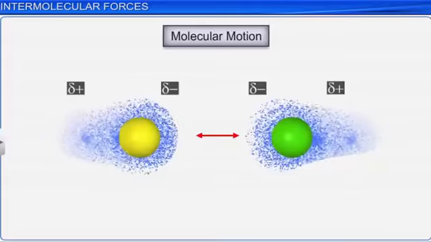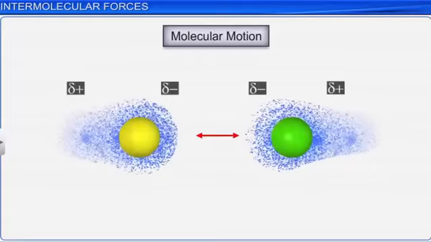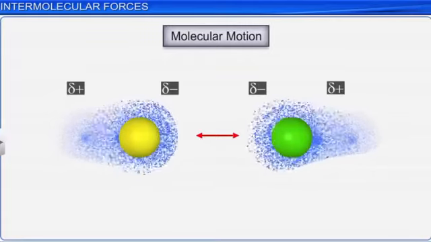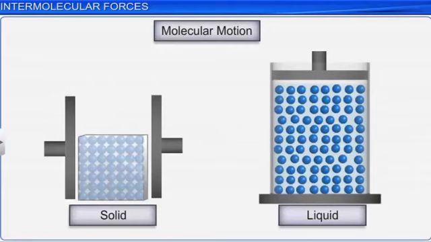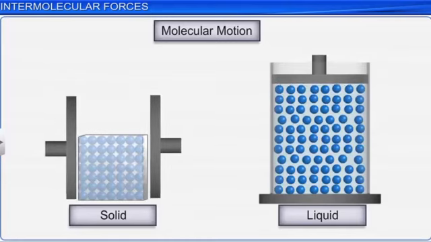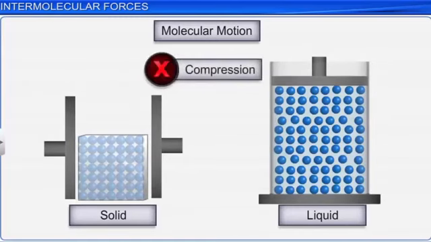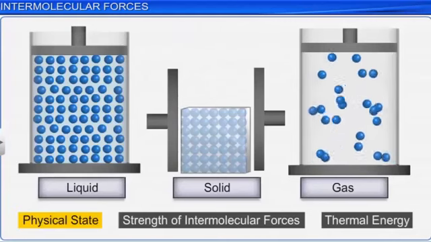In solids and liquids, the molecules are already close to each other, and hence, when we try to compress them, the repulsive interactions would further increase. Hence, they resist compression. The physical state of a substance not only depends on the strength of intermolecular forces that exist between its atoms or molecules, but also on the thermal energy of atoms or molecules.